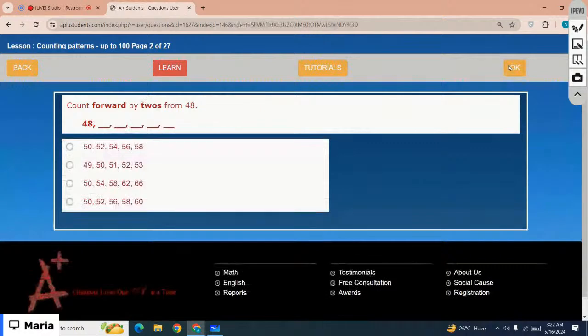Okay, the next one is count forward by twos from 48. So, which is the correct option?